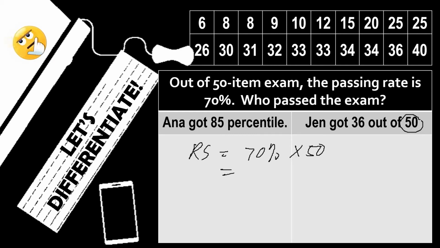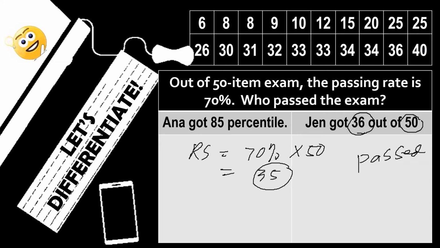So using our calculator, this is 0.70 times 50. The answer is 35. So 35 is the passing score. So knowing that 35 is the passing score and Jen got 36 out of 50, we can say that 36 is higher than 35. Therefore, Jen passed the exam.